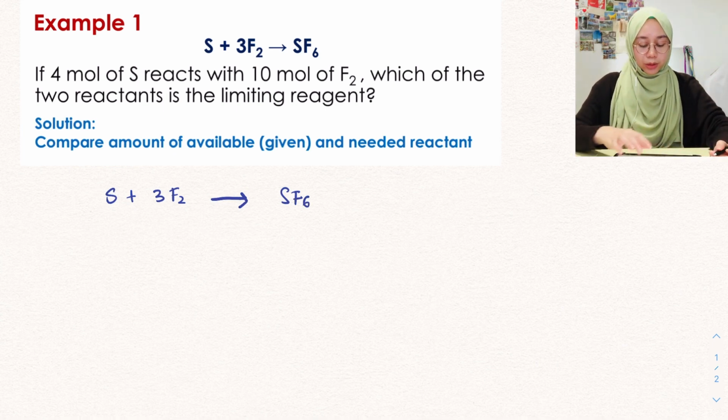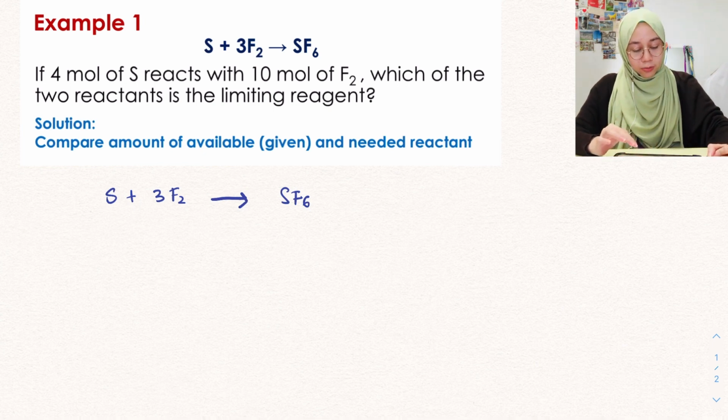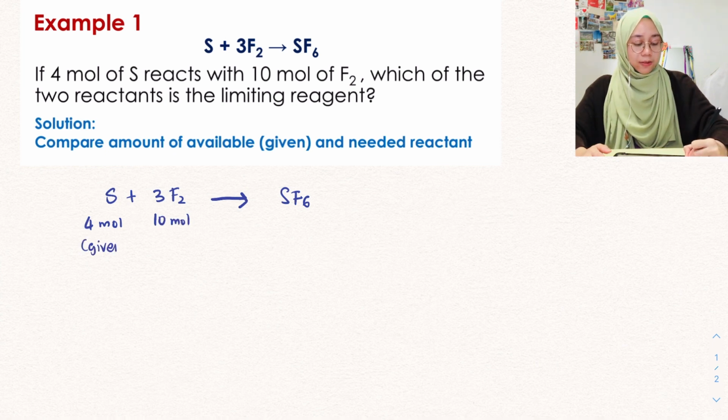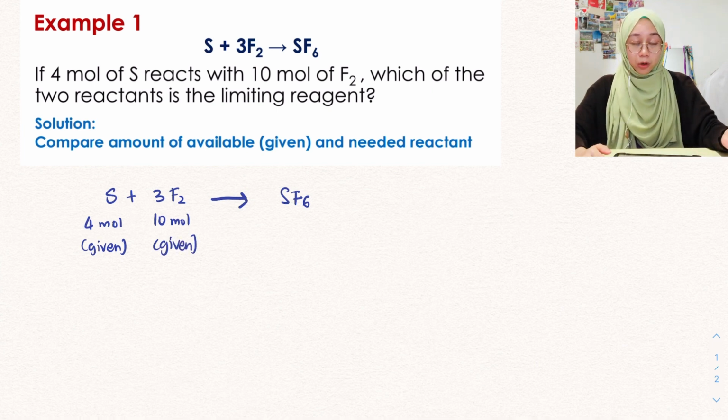So given to you that there is 4 mole of S, and also 10 mole of F2. Okay, so let's write that down. So kita ada 4 mole and ada 10 mole untuk F2. So this is basically the given mole to you. So labelkan that this is the given mole to you.